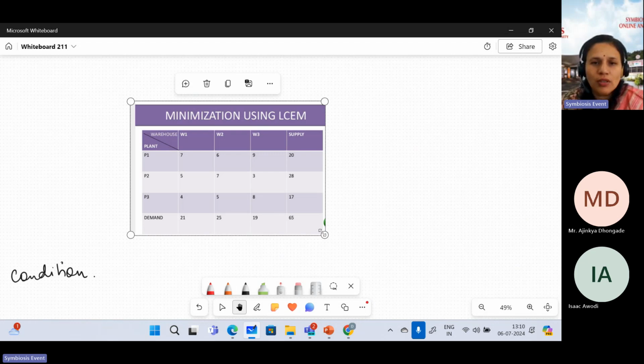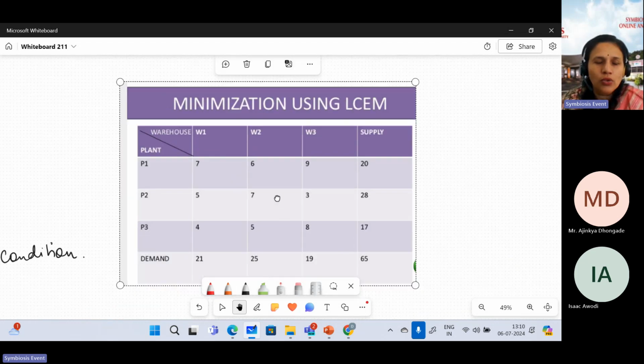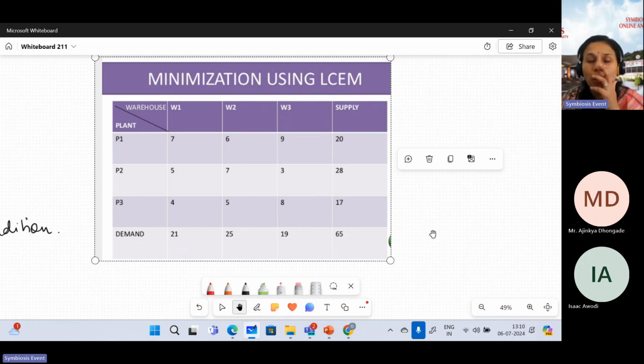For this least cost method, what we need to do, we are going to give the priority to that particular position wherever the cost is minimum.